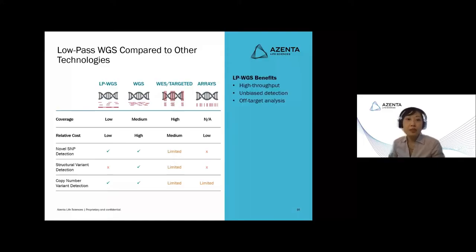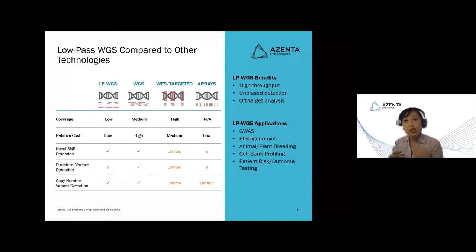So thinking about some of the benefits that are highlighted here, low-pass whole genome sequencing does allow for high throughput processing due to the low data requirements, and is an unbiased detection method when it comes to working with less studied populations, and it does allow for off-target analysis.